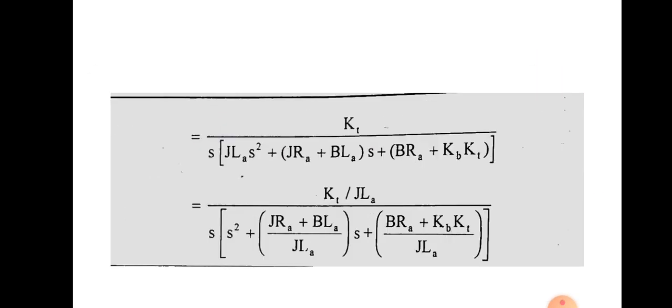This is the equation, so we can rewrite the equation like this. So this is the equation for the transfer function of armature controlled DC motor.